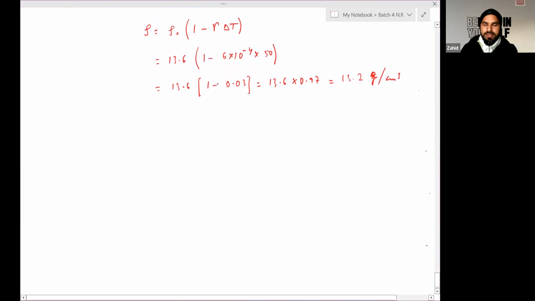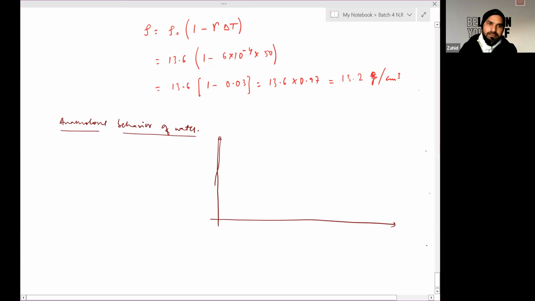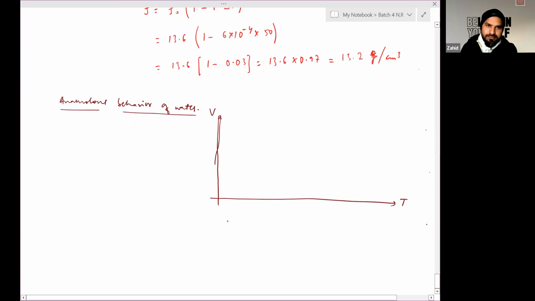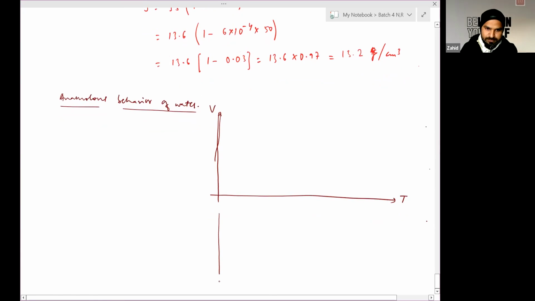But there is an exception for this particular formula in case of water. So we may define the anomalous behavior of water. Let's say this is volume versus temperature, and this is density versus temperature.